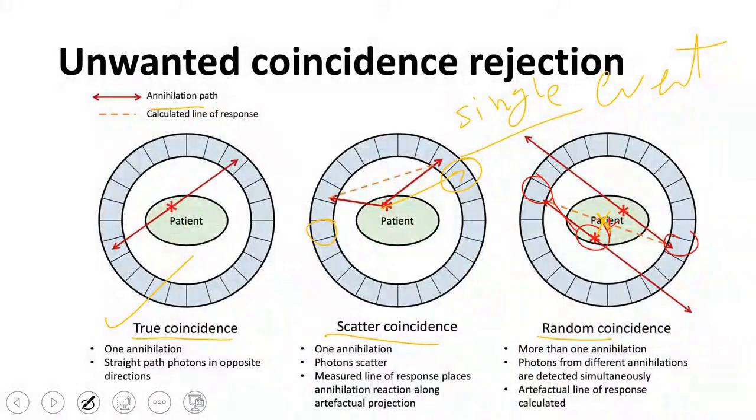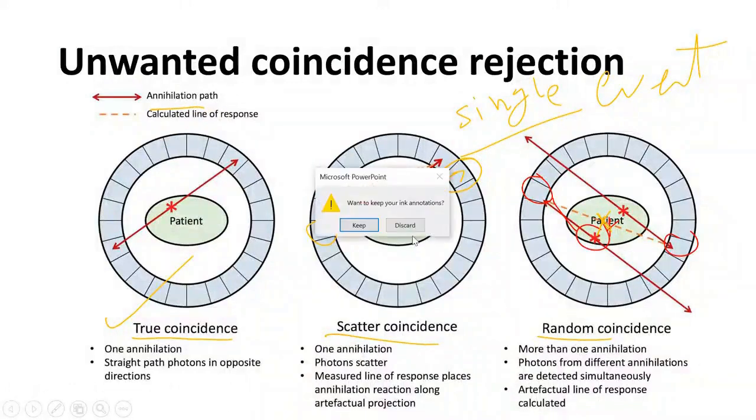What did they tell you to do? The first thing you can do is the pulse height analyzer. Do you remember what the pulse height analyzer did? It provided you with an energy window for the scattered photon coming into the detector. Is it going to come with the same energy of 511 or less? It's less. Why less? Because when it underwent Compton scattering, what is Compton?